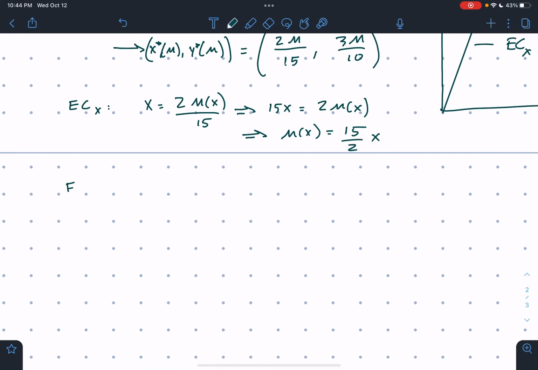Similarly for Y, we have that Y is equal to 3M over 10.